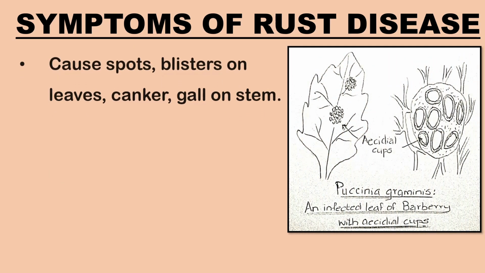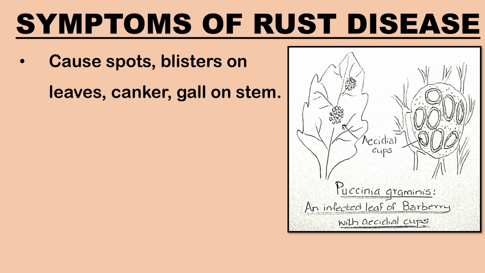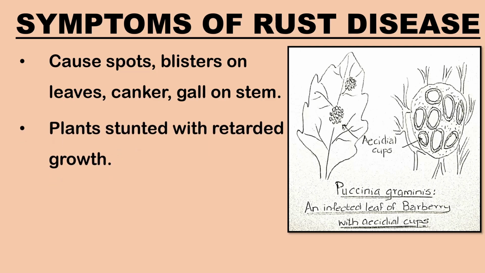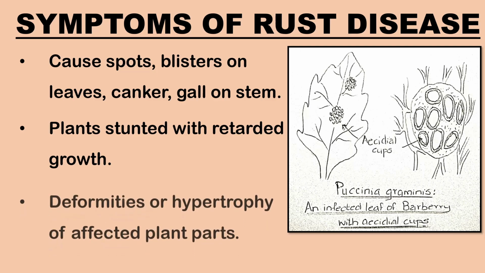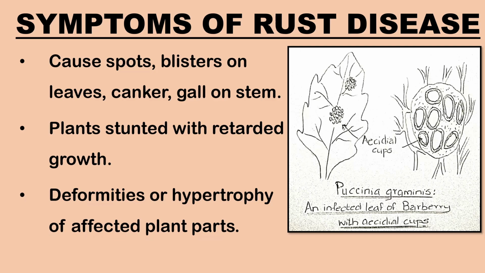These fungi cause spots and blisters on leaves, canker and galls on stems. Plant becomes stunted and growth is retarded. The fungi interfere with the photosynthetic activities of the plant. Deformities or hypertrophy of affected plant parts are seen.